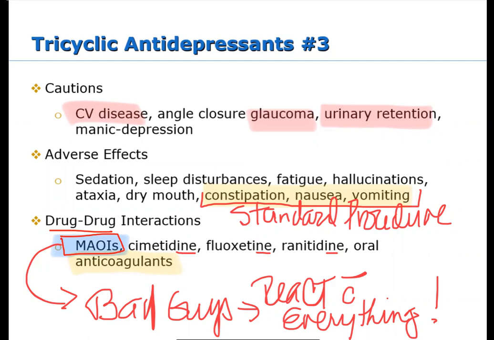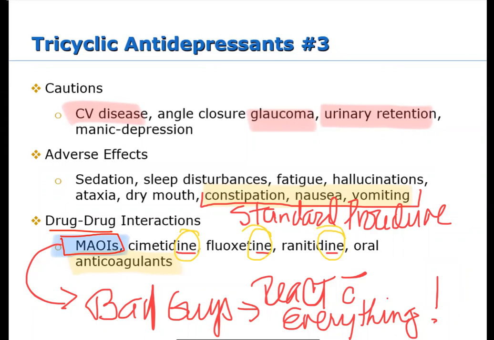They do not get along well with anyone. So whenever you see an MAOI, there is always a concern about drug-to-drug interaction. Other than that, tricyclic antidepressants will react with cimetidine, fluoxetine, ranitidine. But if you take a look at them, again, guys, it's all about patterns, right? Take a look at these.